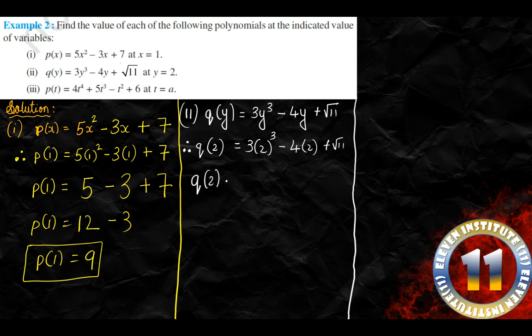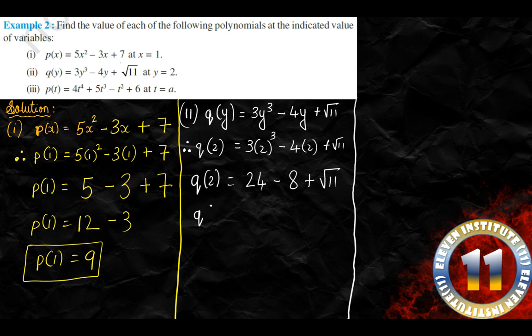q2 is equal to, what is 2 cube? 2 cube is 8. 2 નો ક્યુબ શું બની જશે 8 and 8 multiplied by 3 will become 24. 2 cube is 8, 8 3s are 24 minus 4 2s are 8 plus root 11.